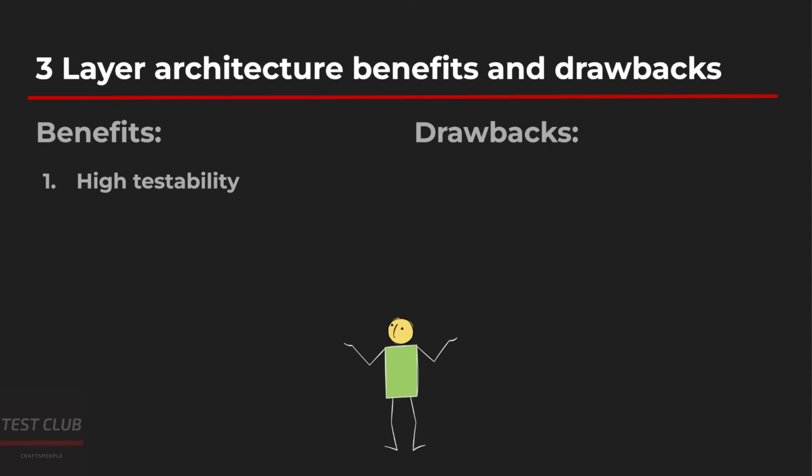So let's consider three-layer architecture benefits and drawbacks. The first benefit, which I think many people would like, is the high testability. If you architect your application in this way, it will be very easy to test all the functional scenarios without running the whole system.